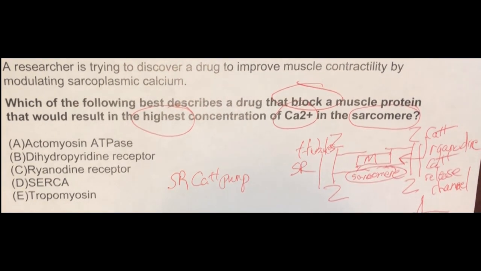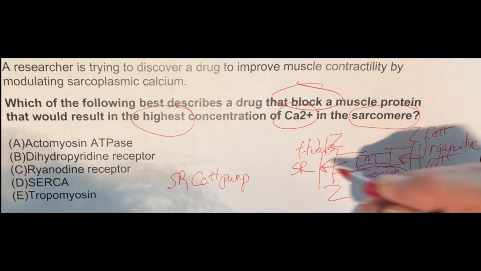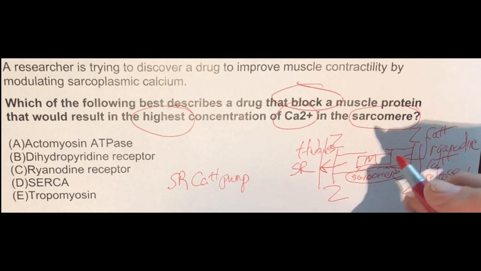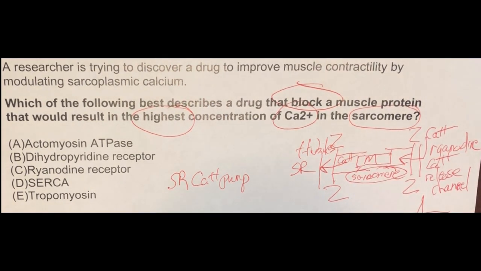It's an active transport mechanism to get calcium out of the sarcomere. Calcium out of the sarcomere. And why do we want calcium to be removed from the sarcomere? That's for relaxation.